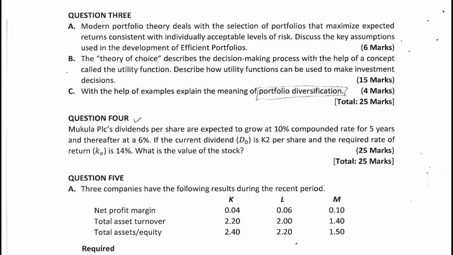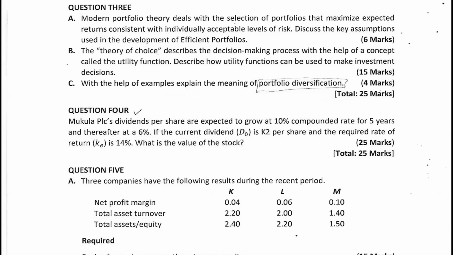I am reading in your hearing. The question reads: the public limited company's dividends per share are expected to grow at a 10% compounded rate for 5 years, and thereafter it will grow at 6%.